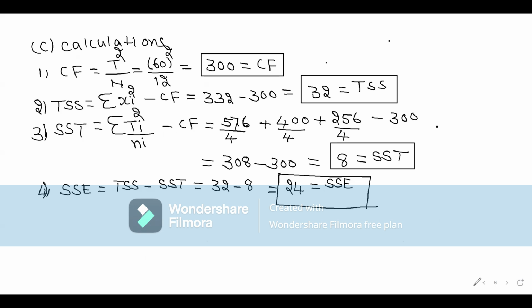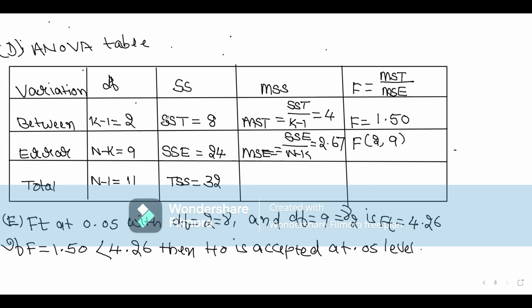You can enter there: SSE 24, TSS 32. Then MST means SST divided by K minus 1, 8 upon 2, it is 4. And next, MSE means SSE divided by N minus K, 24 upon 9. This is 2.67.